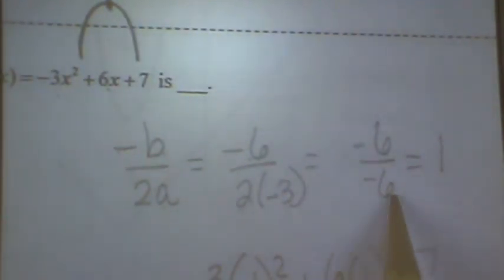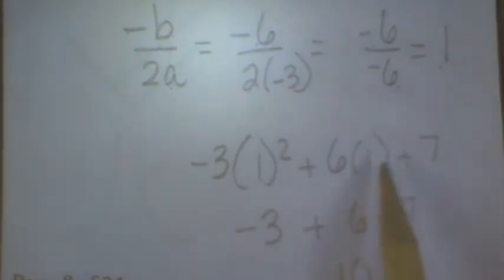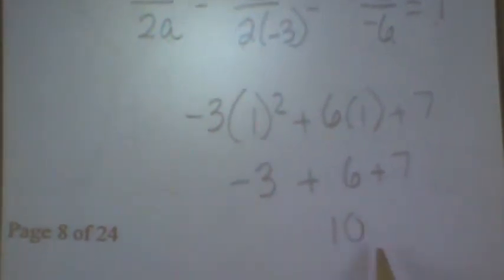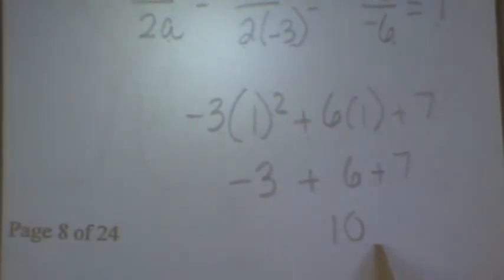So it's negative 6 over negative 6, which is 1. So at 1, you're going to plug 1 in for x: 1 squared times negative 3 plus 6 times 1 plus 7. Do your math, and 10 is your maximum value, and it occurs when x is 1. The maximum value is 10.